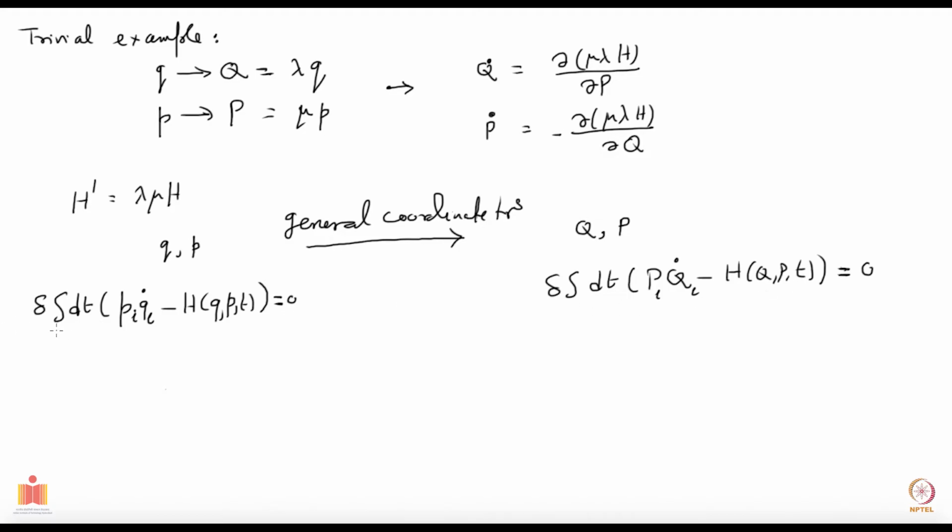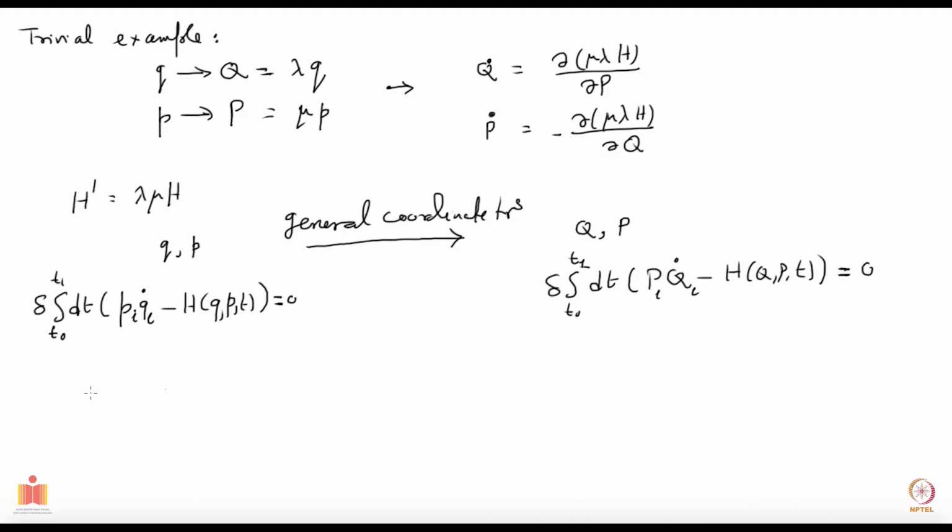You remember that condition. So let me put here t0 and t1. These are fixed. You can vary the curve at any other point other than these initial and final points. So the total derivative will not give a contribution.